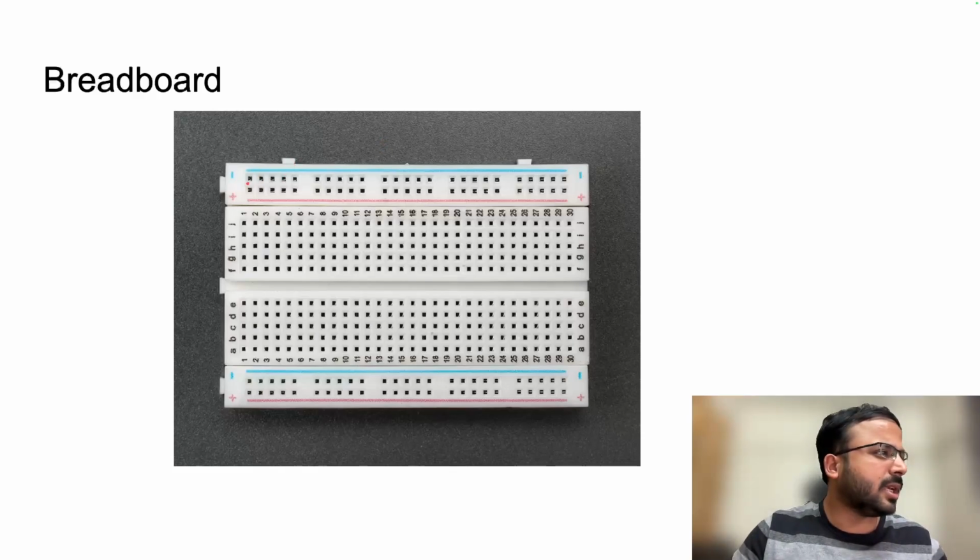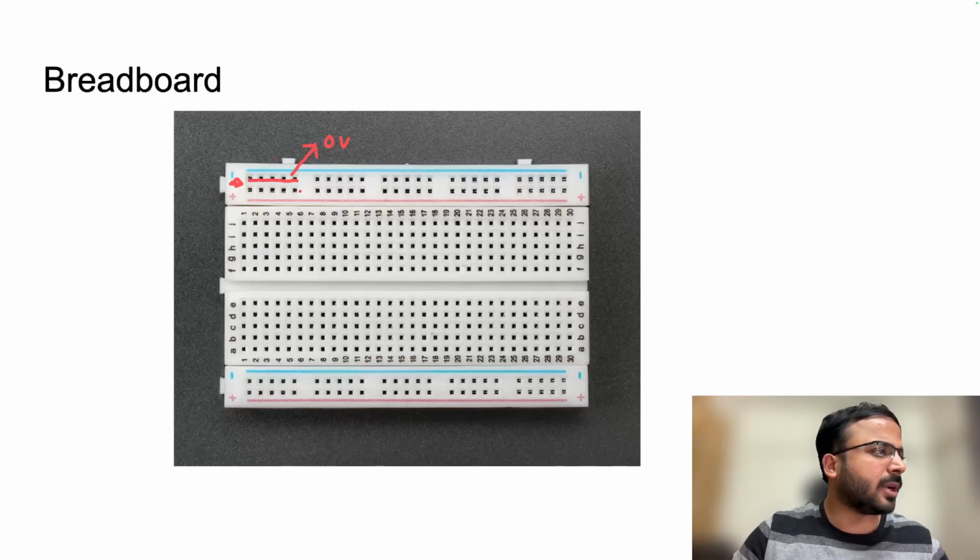So now if you see here, this minus row here, right, this particular row will be all connected. So if you connect one wire and connect it to the ground of Arduino, all of this row will be at ground, so you can say this is at 0 volt, right?